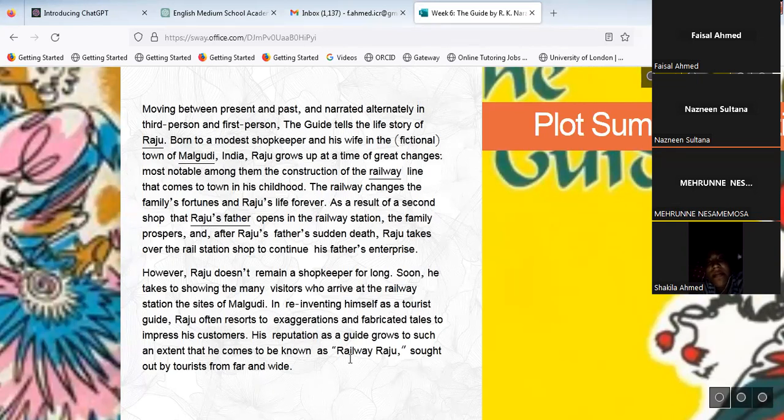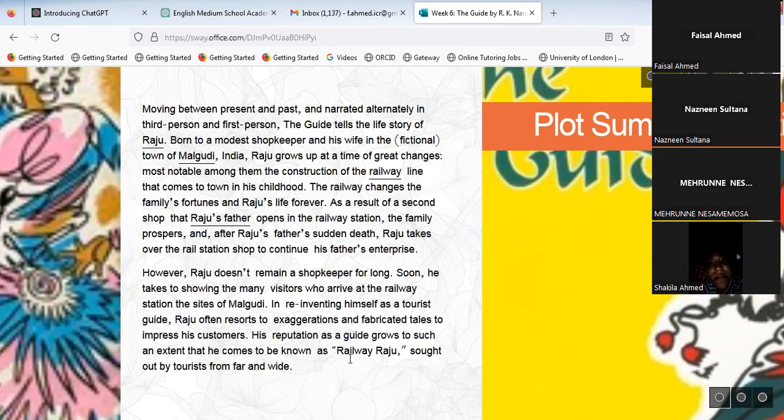So in reinventing himself as a tourist guide, Raju often resorts to exaggerations, that means telling something which is more than the reality, and fabricated tales to impress his customers.